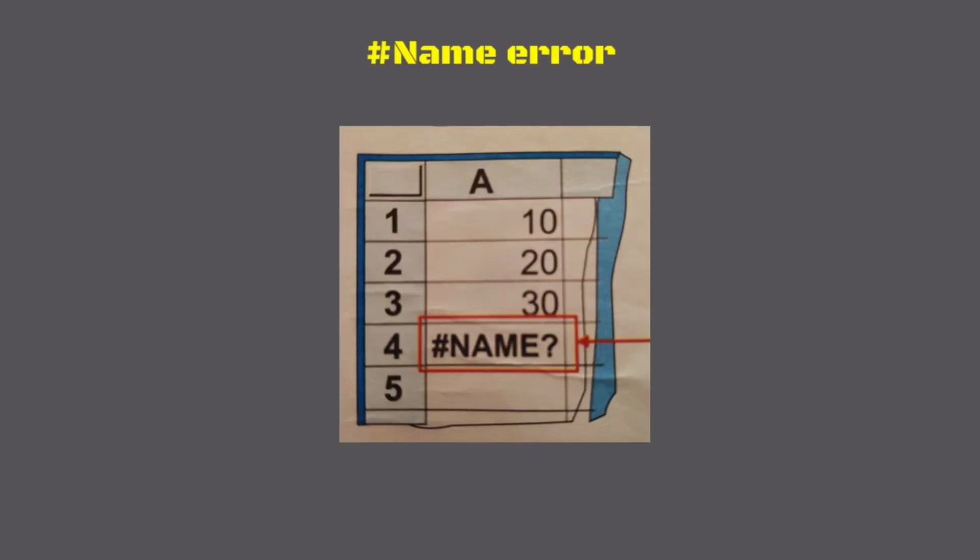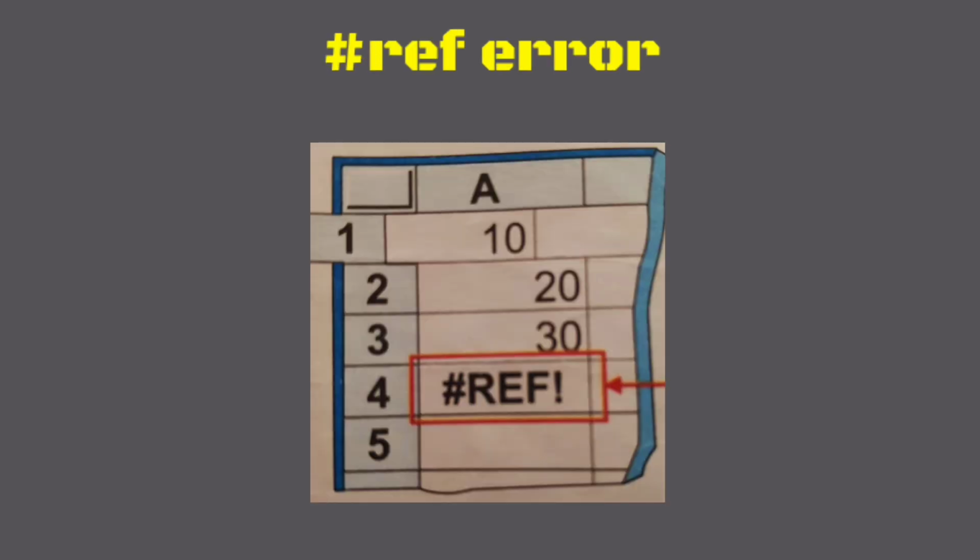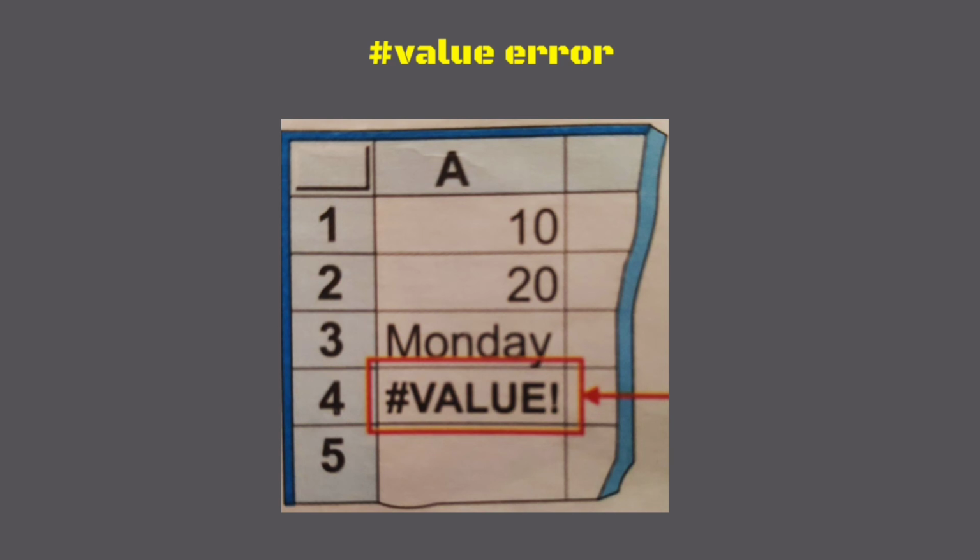Next we have the name error, hash name and question mark. This is also a type of error. And the next is the hash reference sign of exclamation error. So this is the error of reference. And the next is the value error, hash value, sign of exclamation. So these are the different types of errors.